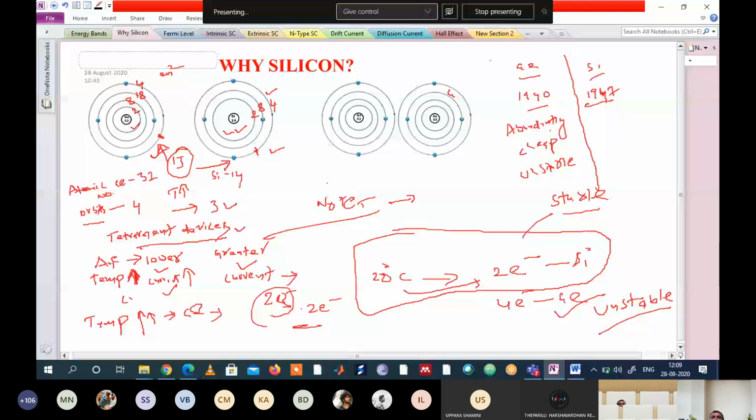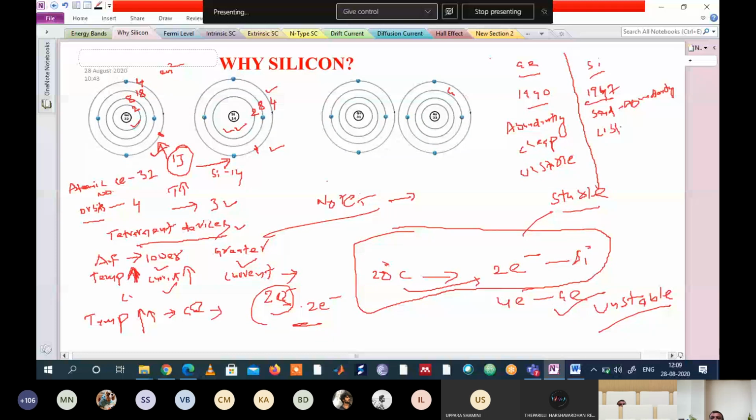What about silicon? 1947. Silicon is in the form of sand. It is also abundantly available. But we need to purify this sand. If you want to purify this sand, it costs.